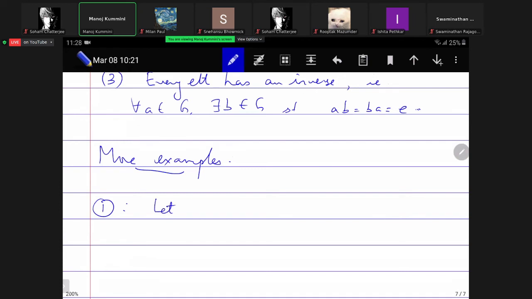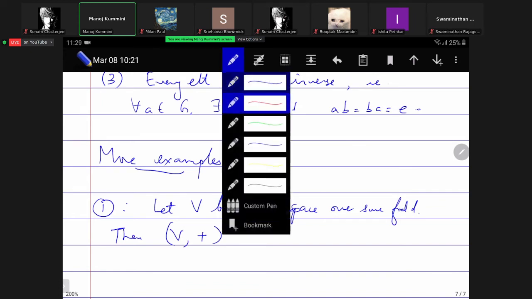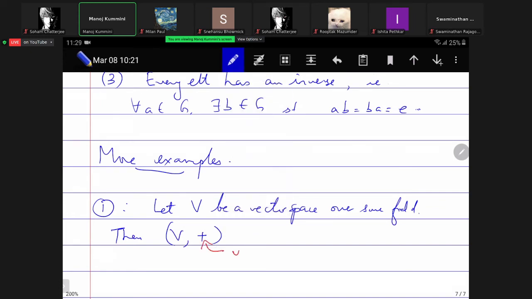Let V be a vector space over some field. Then V with the plus operation, the usual vector addition, is a group.